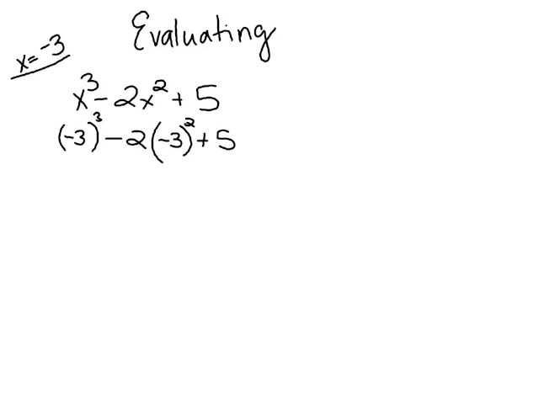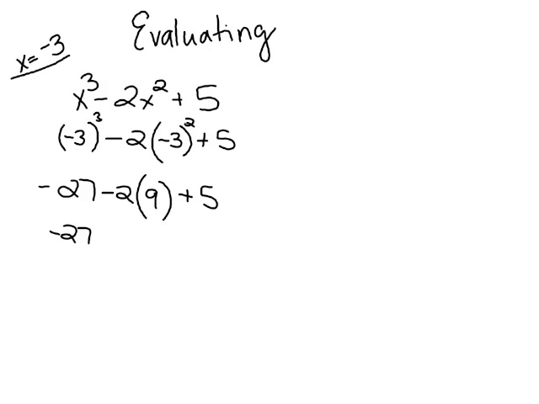And then 3 cubed. 9, 27. It's negative, so is it positive or negative? Negative. -27. And then minus 2. What is (-3) squared? Positive 9. Plus 5.